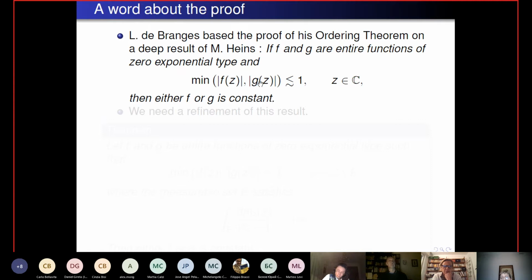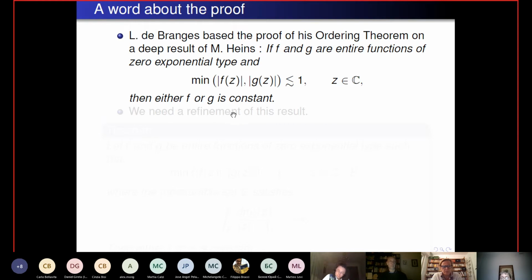Now, Heins' result is actually more general than this, but I hope you believe me that this is a completely non-trivial theorem, because with just one of them it is Liouville's theorem, but with two it is a completely different issue, right, to compute the minimum.